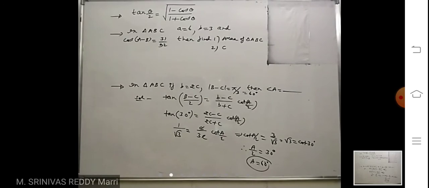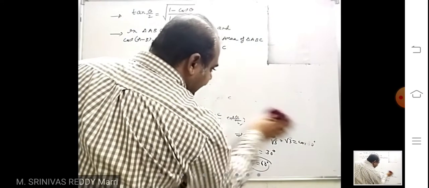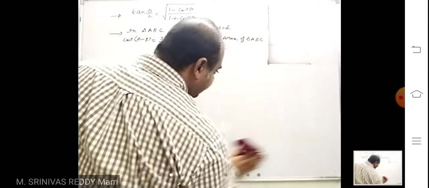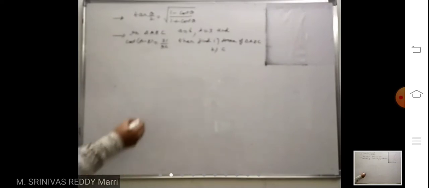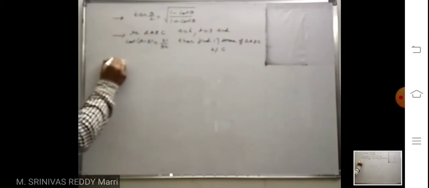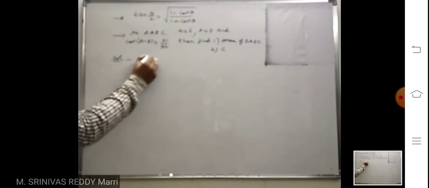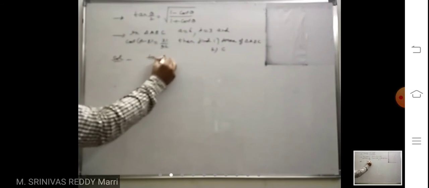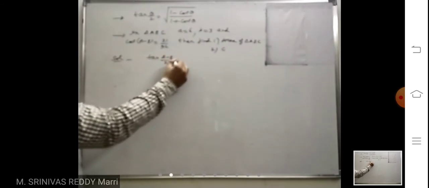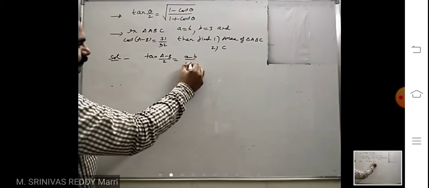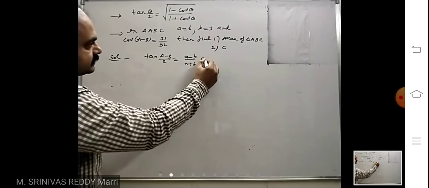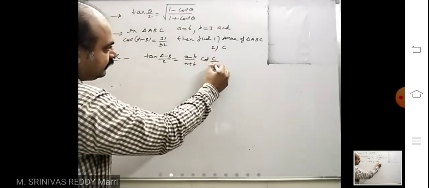Look at the application. All of you follow carefully the tangent rule. As the question gives cos of A minus B, you will get the hint that you have to apply the tangent rule by looking at this A minus B. So I am applying the tangent rule. Tan of A minus B by 2 equals (a minus b) divided by (a plus b) into cot C by 2.